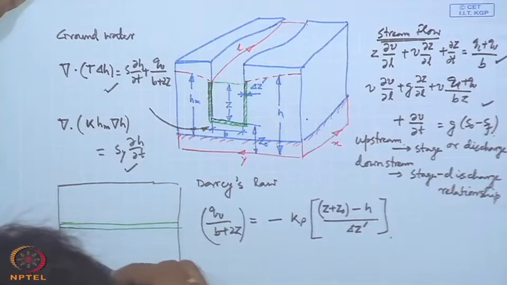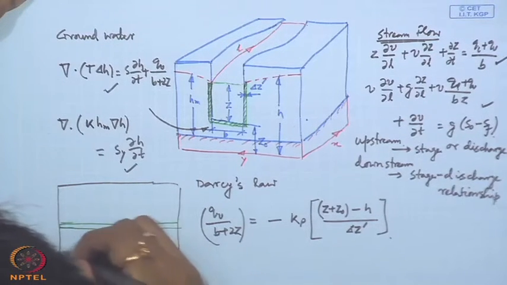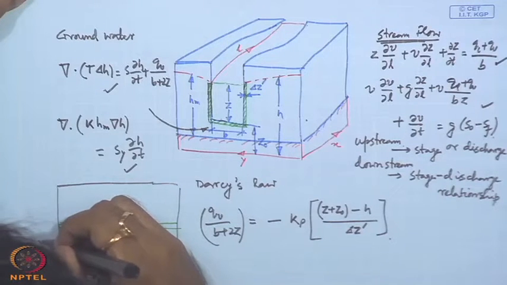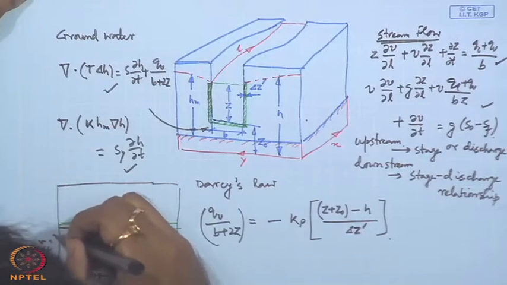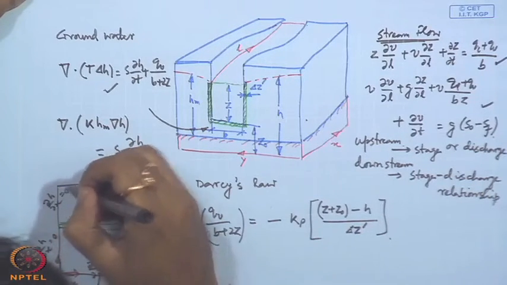So, here del h by del y is 0. In this case, del h by del x is 0. Here also we have del h by del x equal to 0.